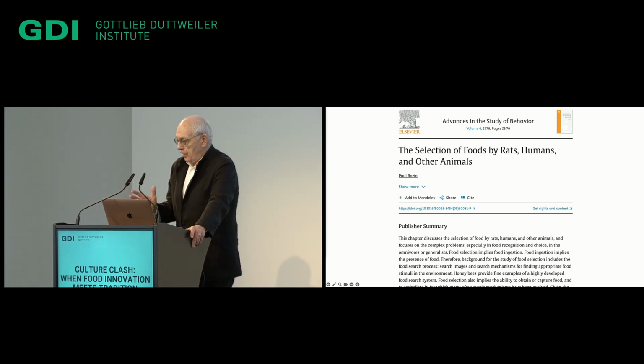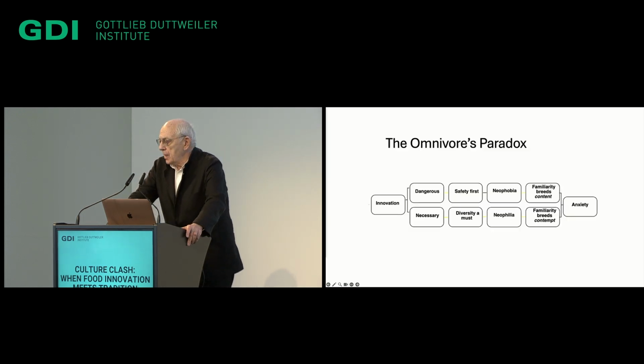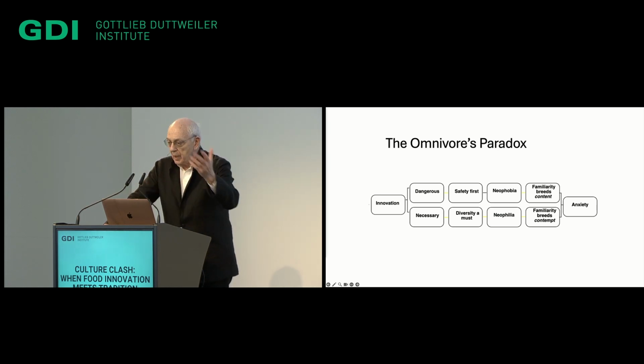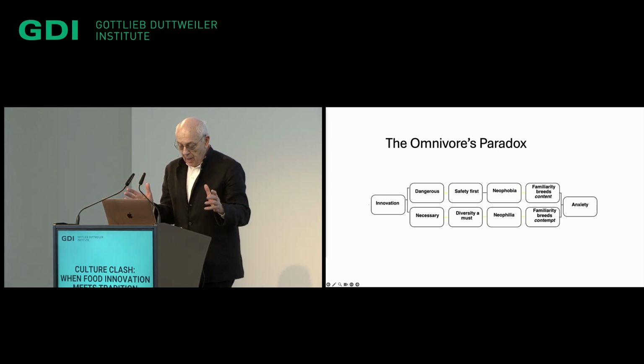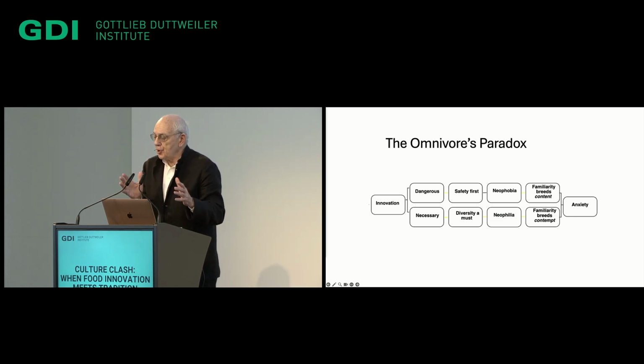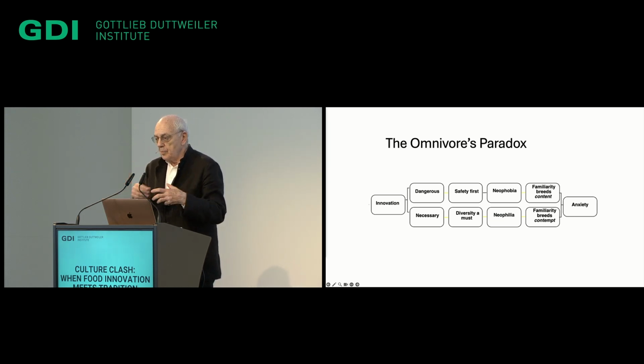And that paper makes the point that being an omnivore brings about a dilemma. The Omnivore's Dilemma has also been the title of a book by Michael Pollan, who paid homage to Paul. I like to talk about a paradox rather than a dilemma. Here's how it works. Regarding innovation, an omnivore is free to innovate, in theory.